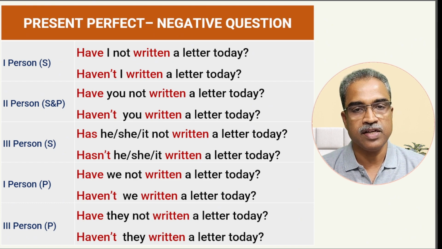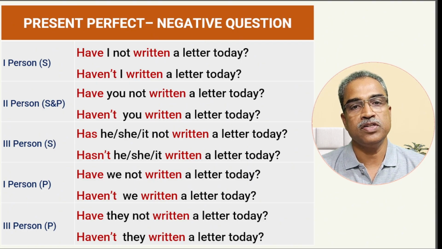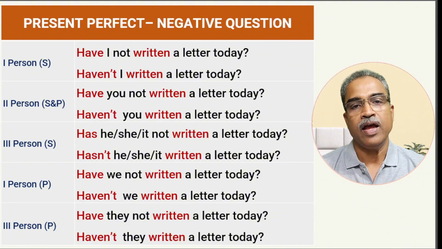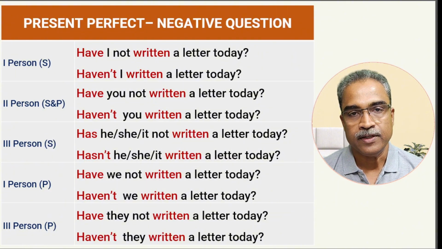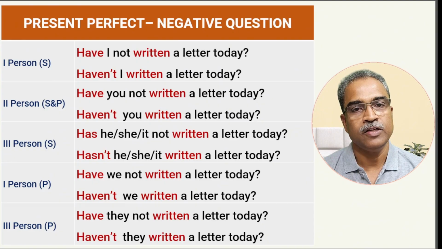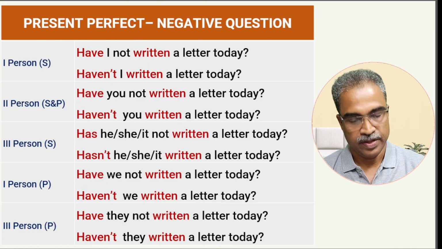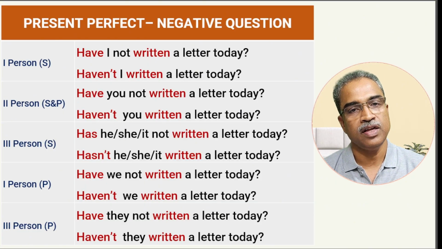I hope in today's class you have understood how to frame questions both in the affirmative and negative. Once again, I remind you that we have a set pattern, and this pattern is applied to all the tenses. Negatives are put in the same manner in all tenses. Questions are framed in the same manner in all tenses. The only thing is, the auxiliary verbs keep changing.